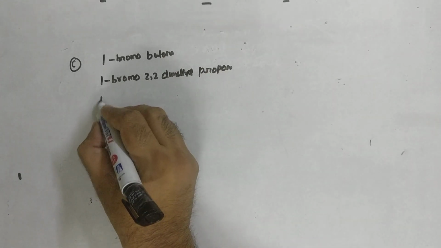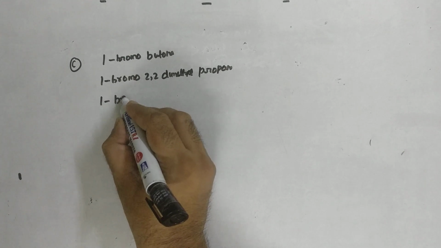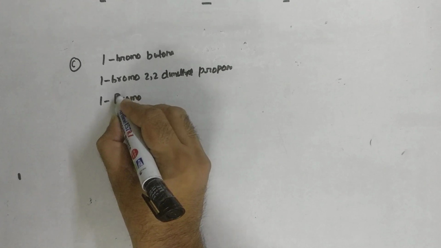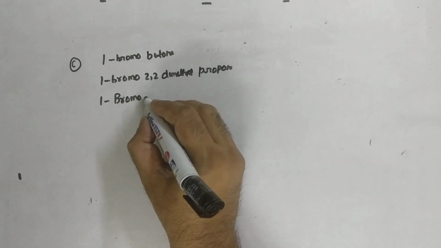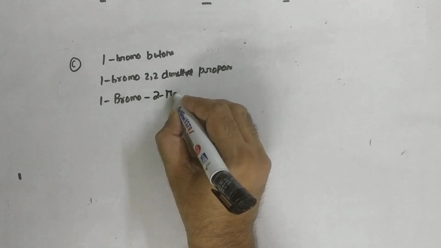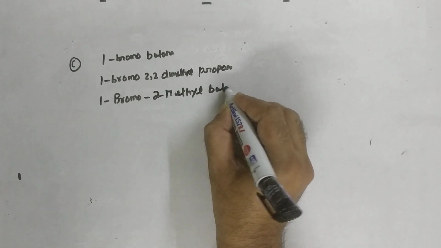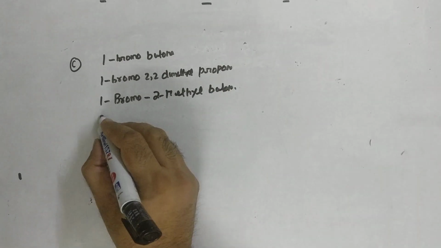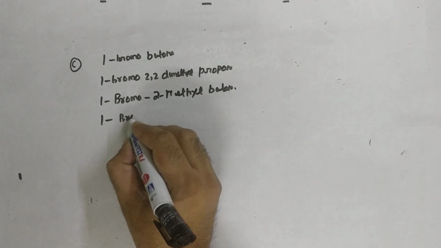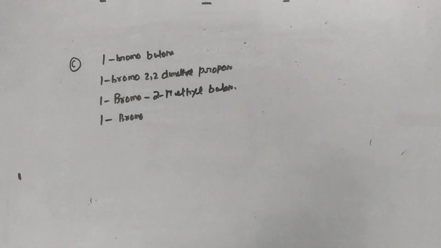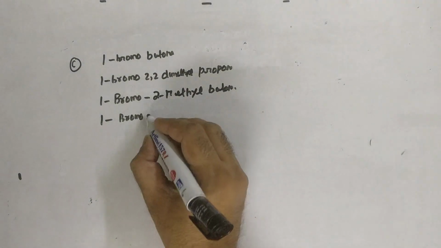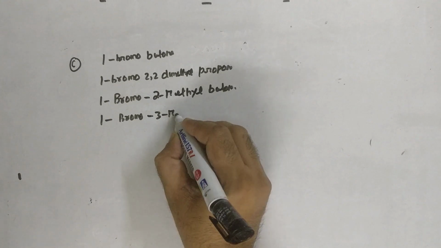The third one is your 1-bromo 2-methyl butane. You have to draw the structure. 2-methyl butane. And the last one is 1-bromo 3-methyl butane. 3-methyl butane.